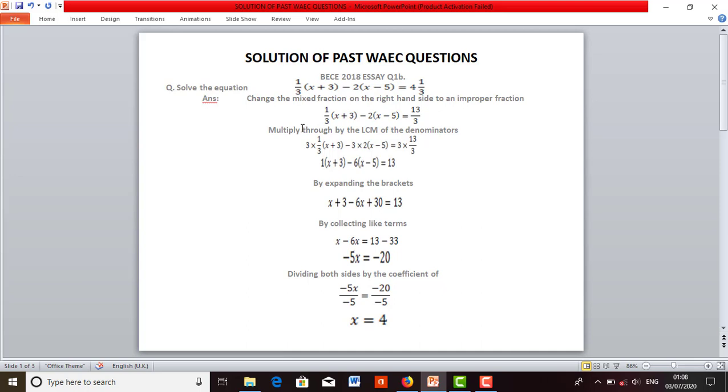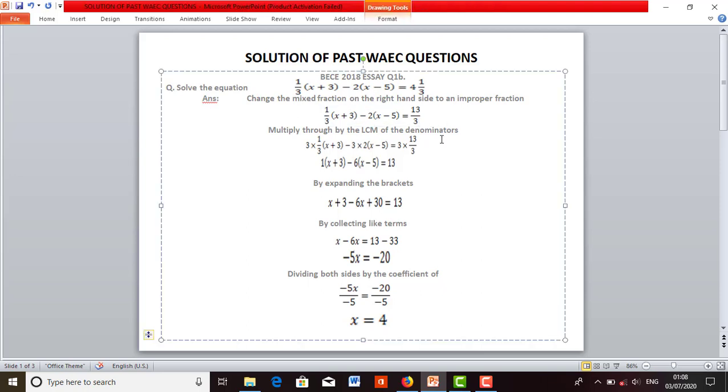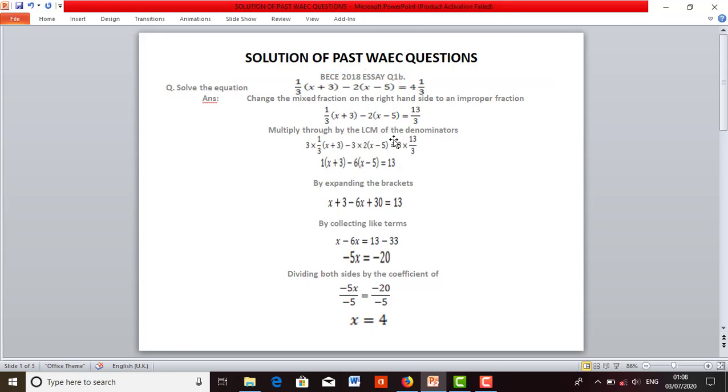So we come back. Now we want to get rid of our denominators, this 3 and this 3. What do we do? We multiply through by the LCM of the denominators. Our denominators are 3 and 3. The LCM of 3 and 3 is 3.